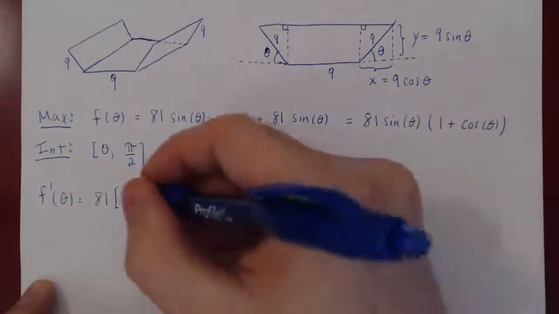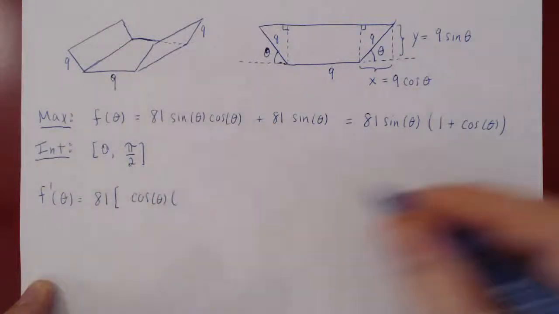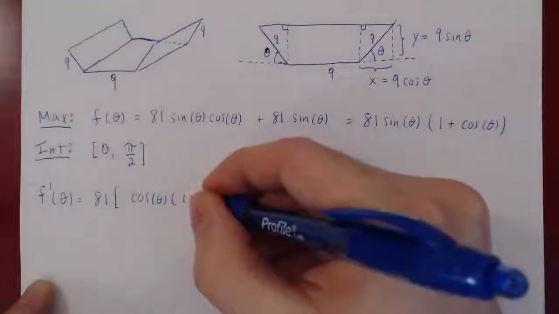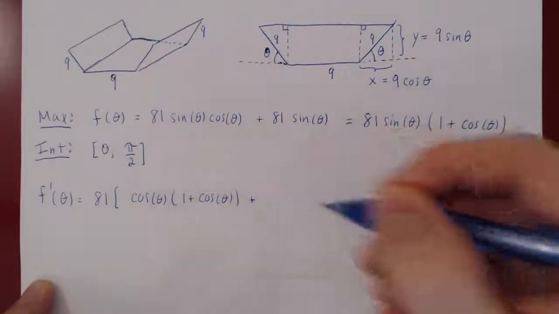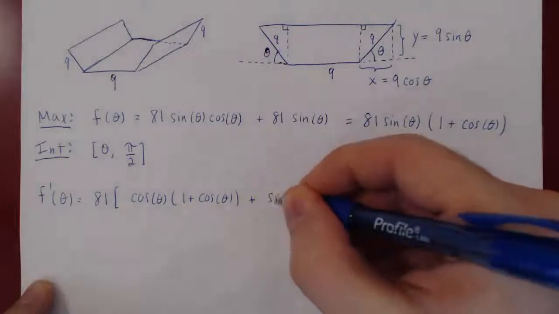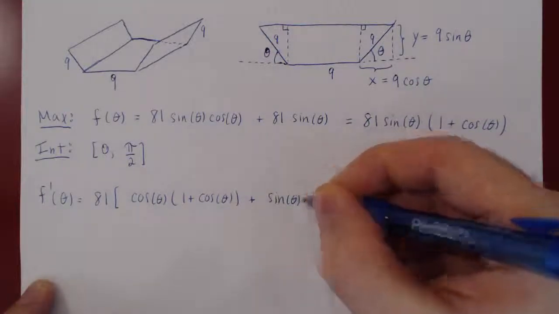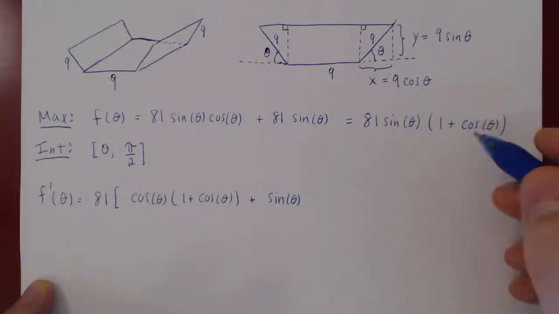Derivative of sine is cosine, so we get cos of theta times the second function, 1 plus cos of theta, plus, by the product rule, the first function, sine of theta, times the derivative of the second function. Derivative of 1 is 0.